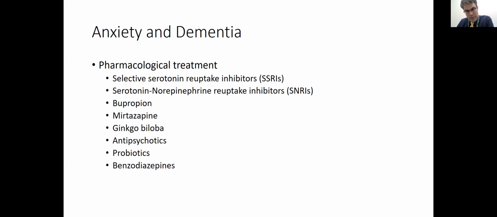Anxiety pharmacologic treatment. You have about the same types of medications that they used in depression, though a little bit less. You'll see they don't have quite as many studies on that. Ginkgo biloba, down here on the bottom of the slide, was one of the first that actually did show a little bit of significance.